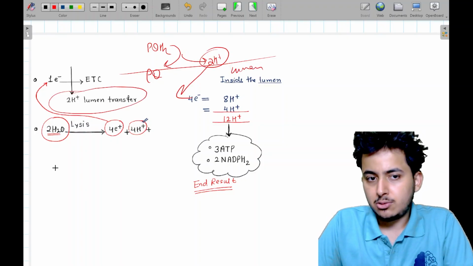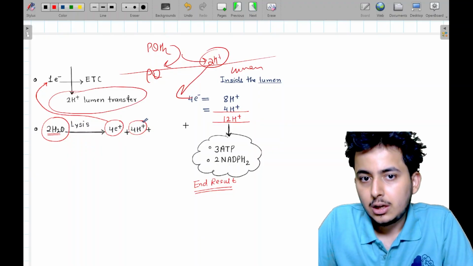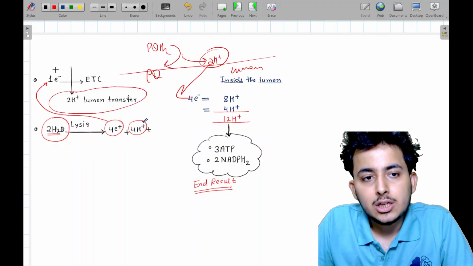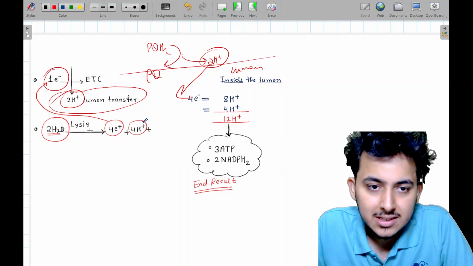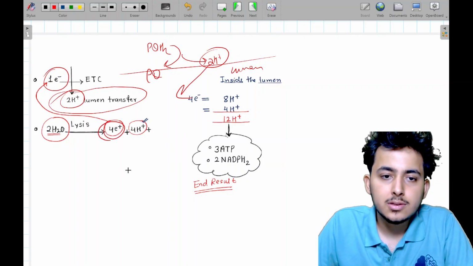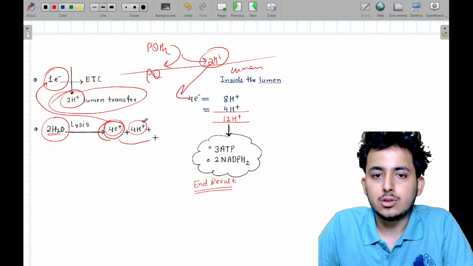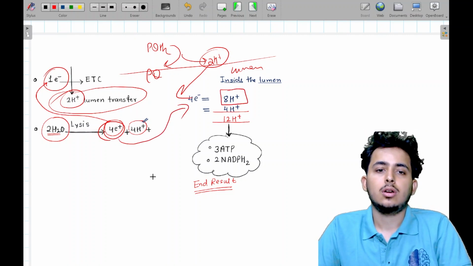For each electron transfer in the ETC, 2 protons are transferred. So once you are lysing the water, you are generating 4 electrons. For 4 electrons, you will get 8 protons, correct?